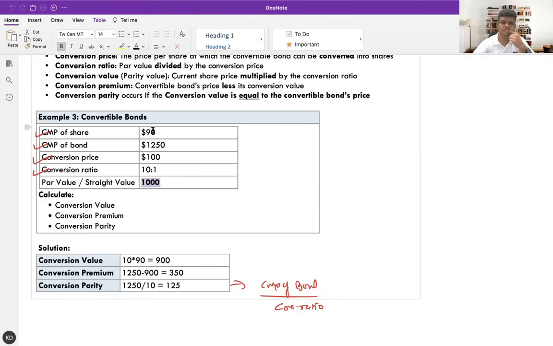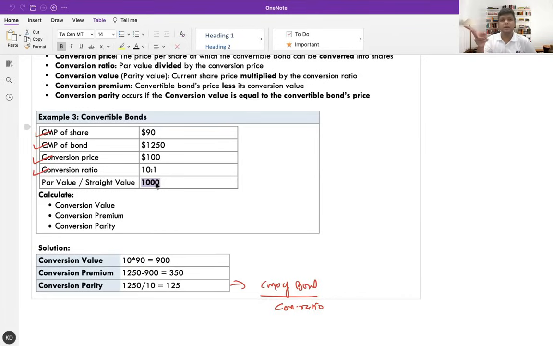Yes. So then why are you investing in convertible bonds? Because if the share price goes to 0, you lose everything in an equity investment. But in the convertible bond, you at least get straight value. And till the time the bond was converted, you at least got the coupons, right?